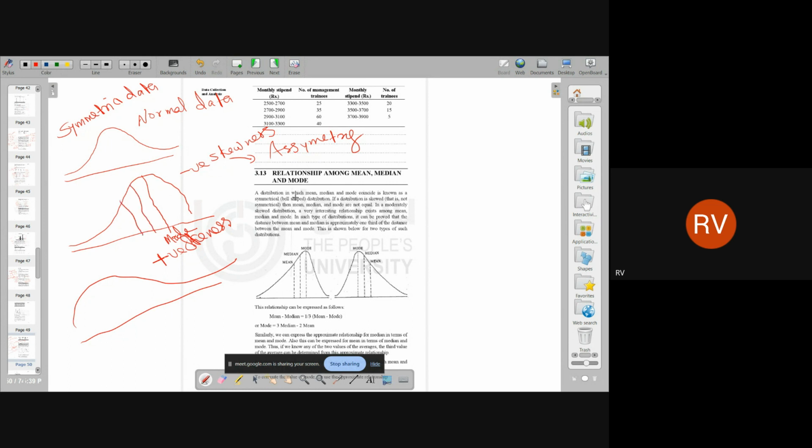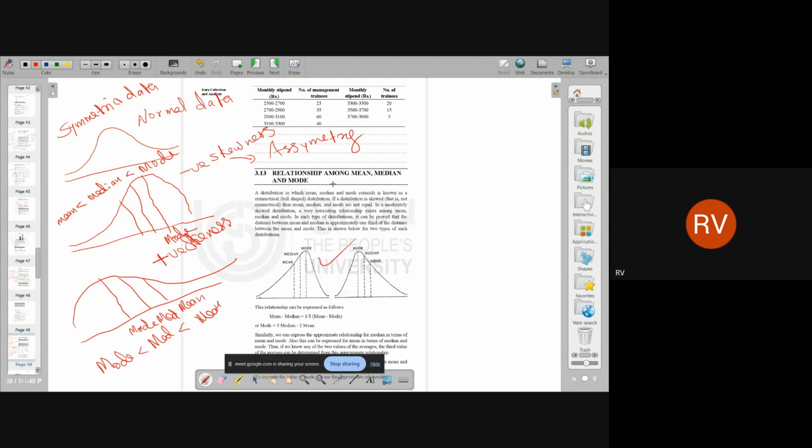That is, mean is less than median, which is less than mode. In positive skewness, mode is less than median, which is less than mean.